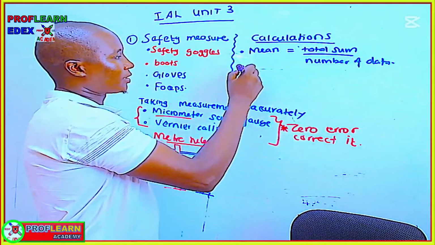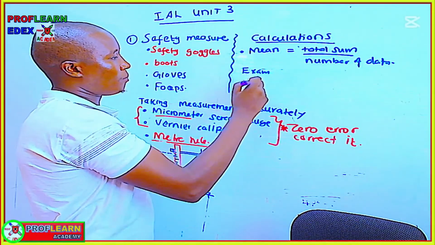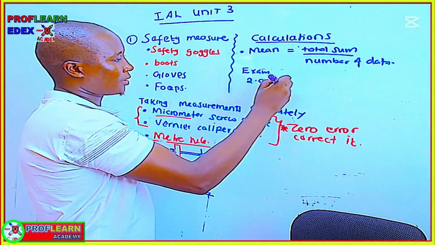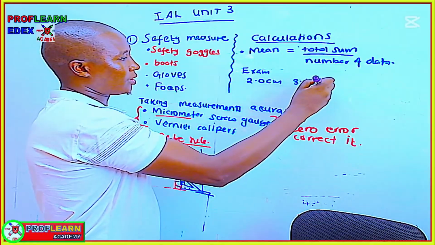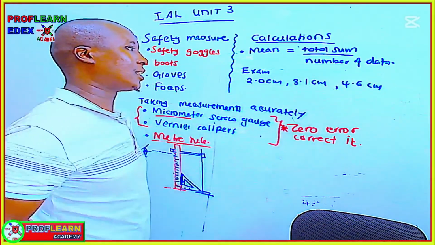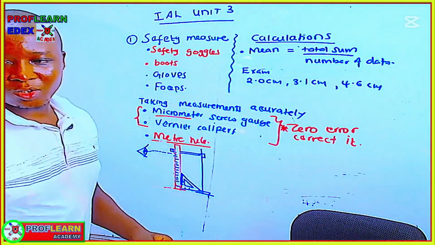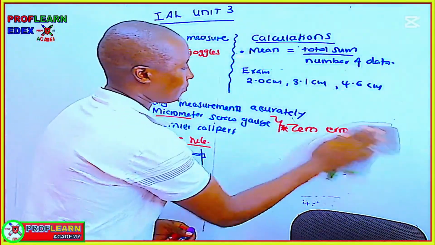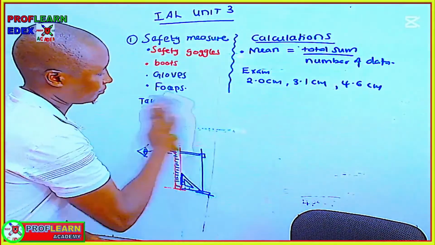For instance, if you have 2.0 centimeters, 3.1 centimeters and 4.6 centimeters, this is the data that you are given, and then you are supposed to work out the mean of that.